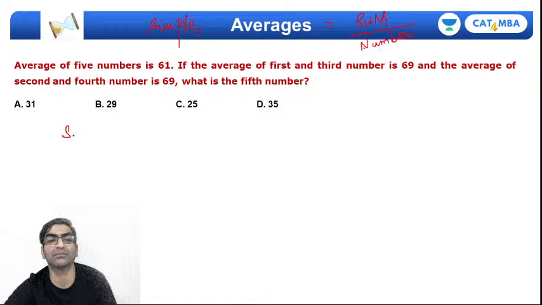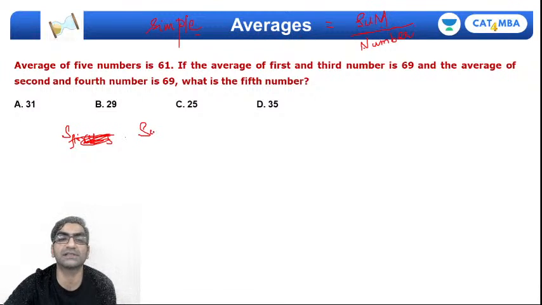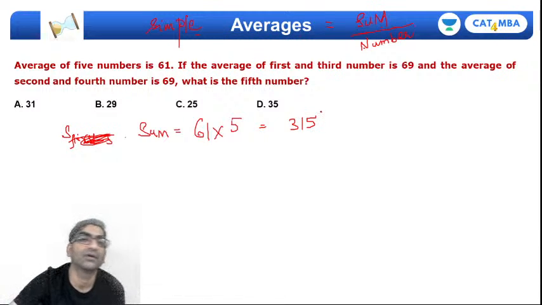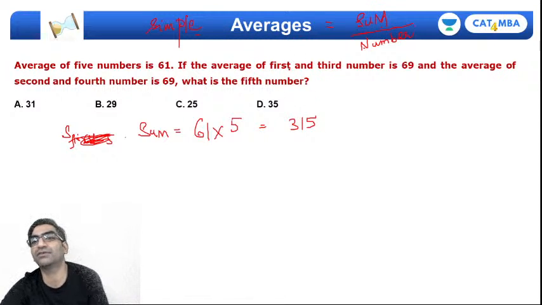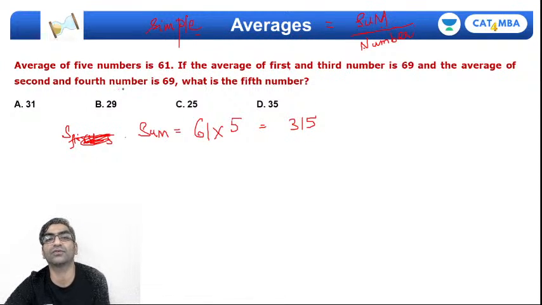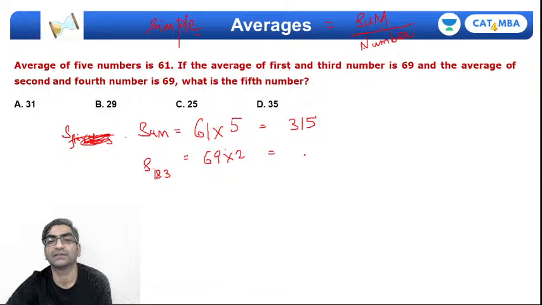So the sum of the first 5 numbers, in fact the total sum, will be 61 into 5, 315. And it also says the average of the first and the third, and the average of the second and the fourth number, is known, which means the sum of the first and the third would be 69 into 2, that's 138.